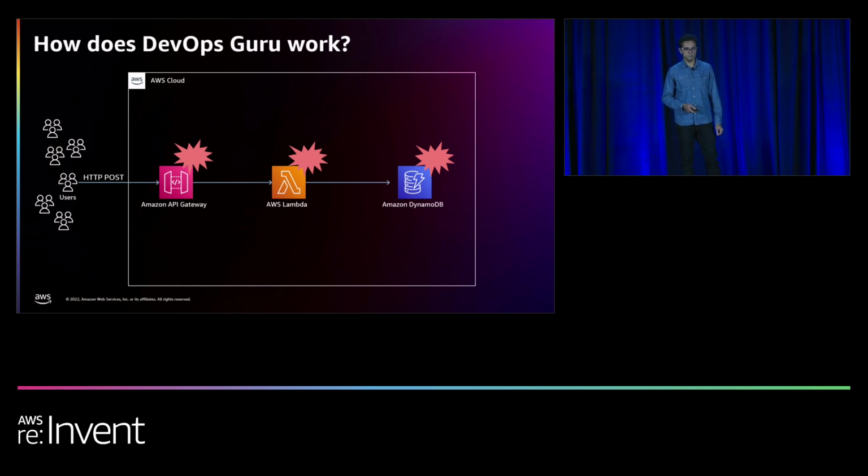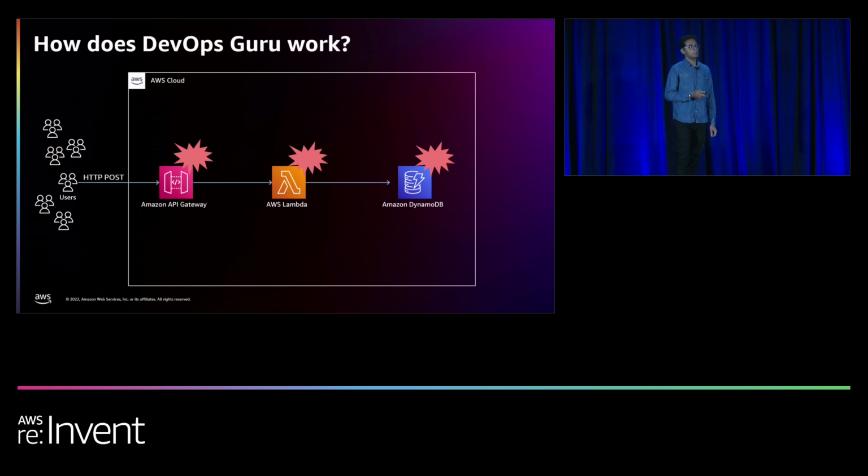The DynamoDB will be throttled, the Lambda function would have failed executions, and the API Gateway endpoint would respond with 500 HTTP errors. To resolve this issue, the operator would need to understand the root cause of the issue and what the side effects are. In this case, even though the Lambda function and the API Gateway endpoint are both failing, they are just the side effects. The root cause is the DynamoDB table.